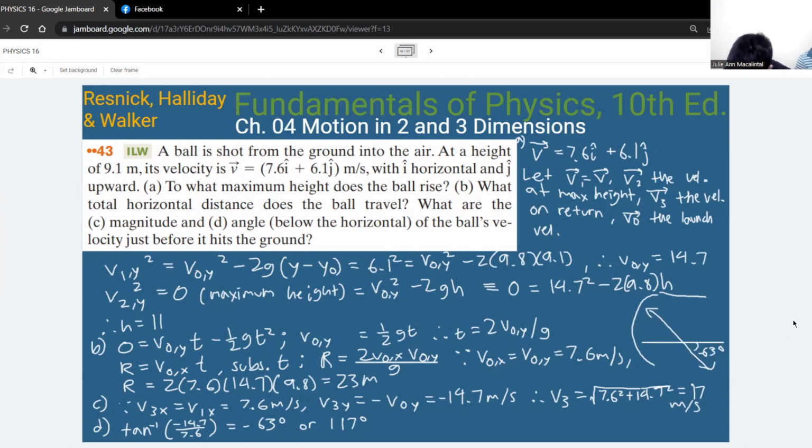So, alin yung final velocity dyan? So, it can't be 117. Tangent inverse gives us, pag kumuha ng tangent inverse, may two possibilities. Pero, hindi lahat ng possibilities pwede.